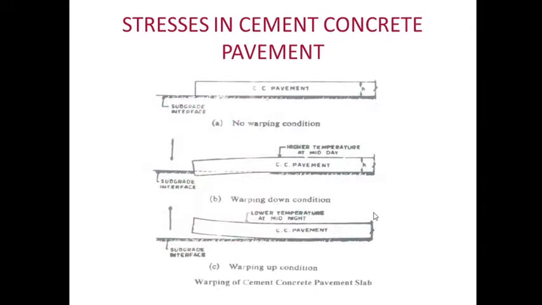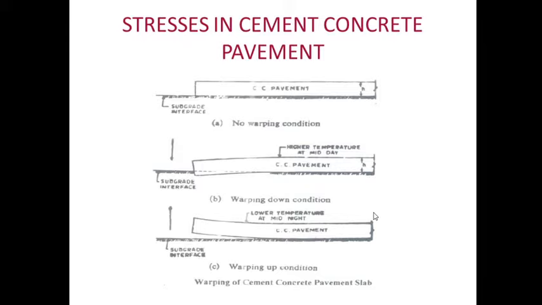At midday, the atmospheric temperature is higher than the slab temperature, so it warps down. During the night, the atmospheric temperature is lower than the slab temperature, so the concrete slab warps up. So these are the temperature variations.